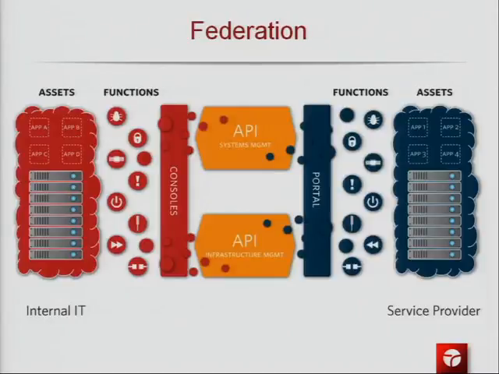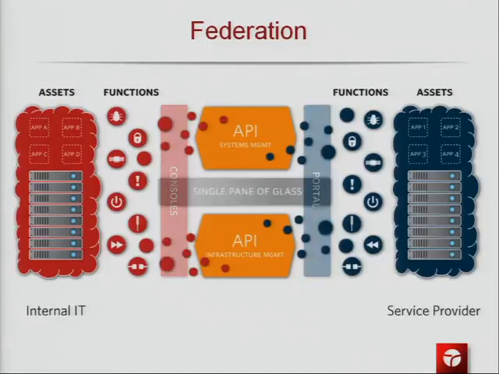So federation, we'll end with federation. What I think we're all after, if we can get more maturity on the infrastructure APIs and start to surface some of the systems management functions so that we have truly a bi-directional pass of information, is that we can someday get to that single pane of glass, where as a customer you have one console where you're managing your internal and external cloud providers, and all the systems management functions and the infrastructure management.